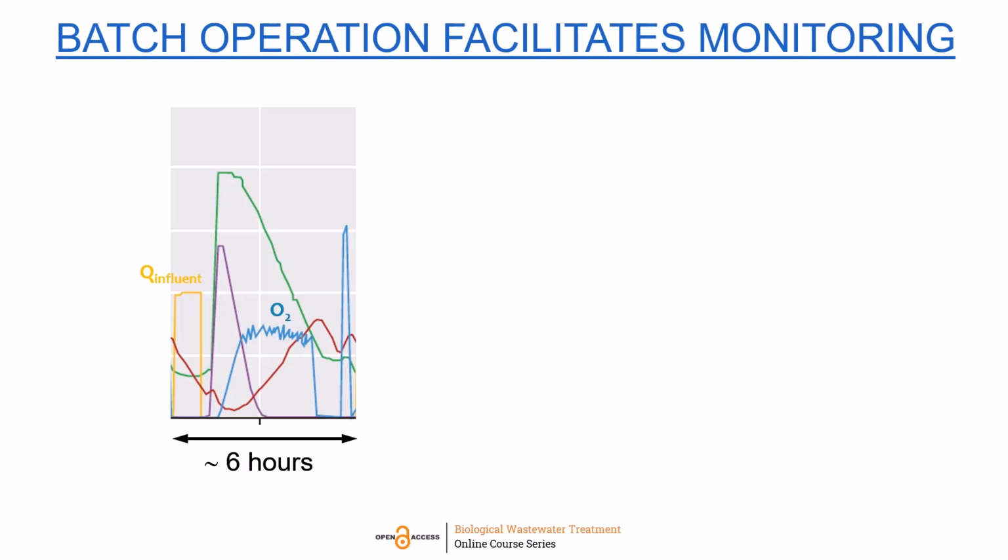The blue line shows the oxygen concentration profiles in the reactor. We see how nitrate is consumed during anaerobic feeding and produced during the aerobic reaction phase. This is because during the aerobic phase, nitrification takes place, so ammonium is converted to nitrate. Phosphate is released during anaerobic feeding and taken up during the aeration phase.